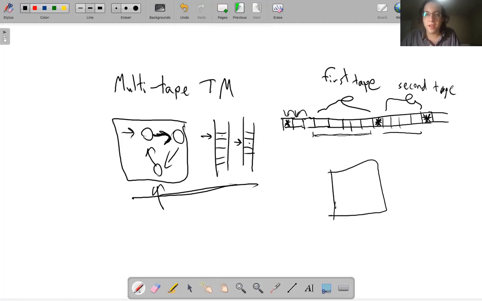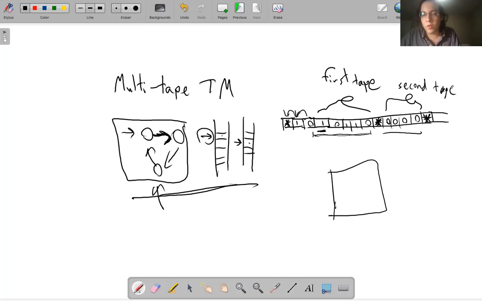So, let's give an example. Suppose the string that's written here is 0, 1, 0, 1, 1, and here it's all zeros. Suppose that's what's written on the first tape and the second tape, and we're supposed to be reading this one, where this arrow is.